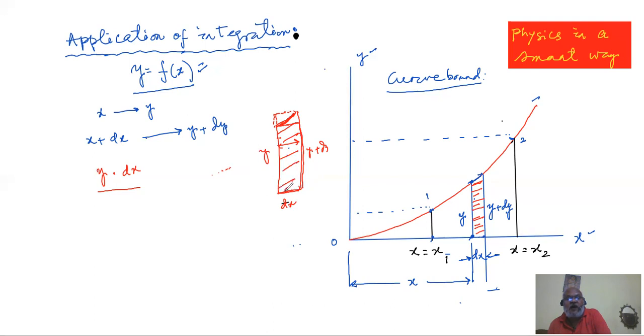But that is not exactly the area that was under the curve or in the strip that we have discussed. And when somebody considers y dx, he or she will be forced to neglect a certain area that is present here. Okay, I think you understand.